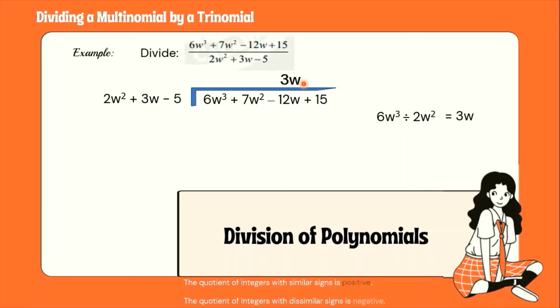And then multiply. 3w multiplied by 2w squared is equal to 6w cubed, dahil 3 times 2 is equal to 6. And then yung kanyang invisible 1 na exponent plus 2 is 3. Next, 3w multiplied to 3w ay magiging 9w squared, dahil 3 times 3 is equal to 9, kopyahin yung w, invisible 1 plus invisible 1 is equal to 2.